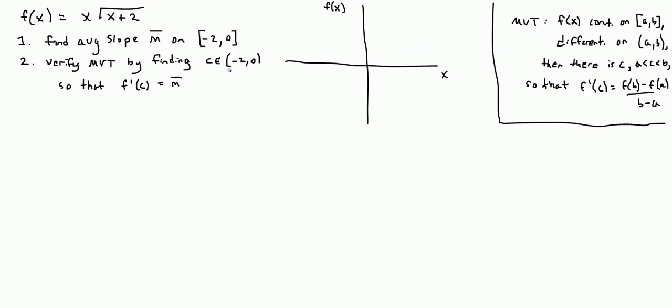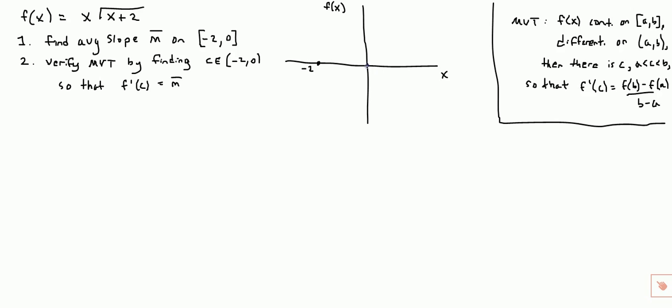I wrote the mean value theorem on the right as a reminder. And so the first thing that we want to do is get a picture of f of x. Okay, so when we plug in negative 2, this term is going to be 0. So f of x will be 0 there at negative 2. And when we plug in x equals 0, this term will be 0.